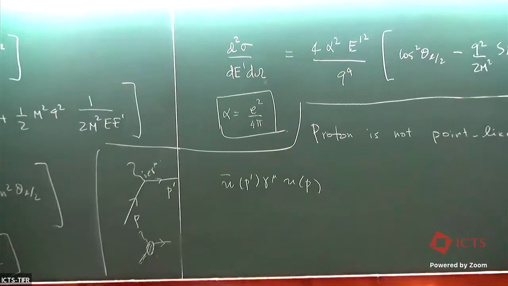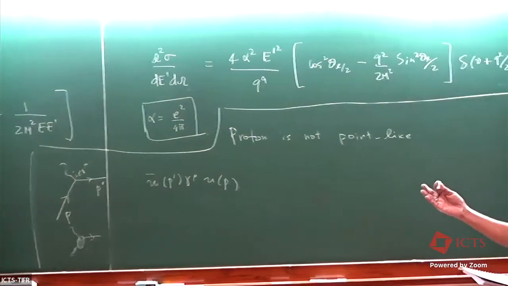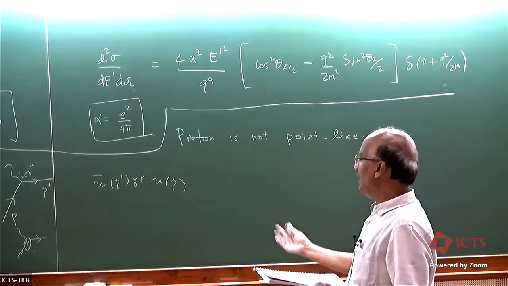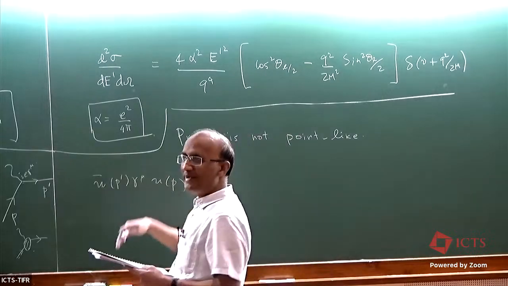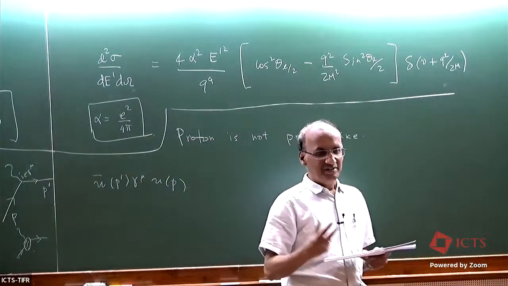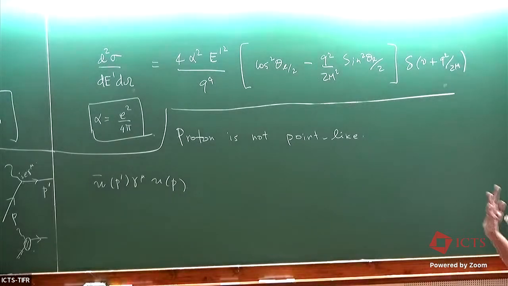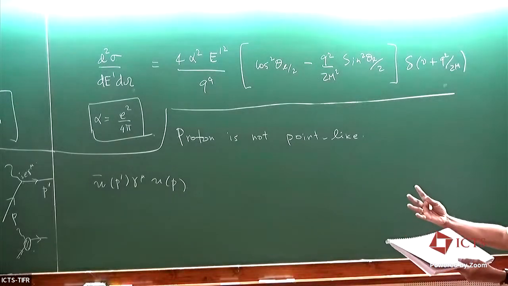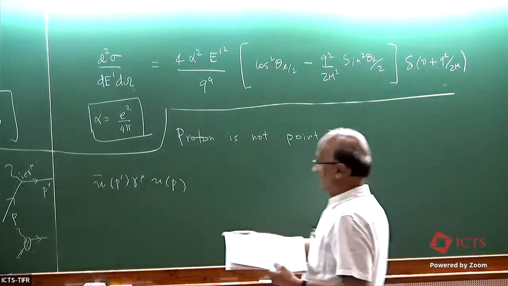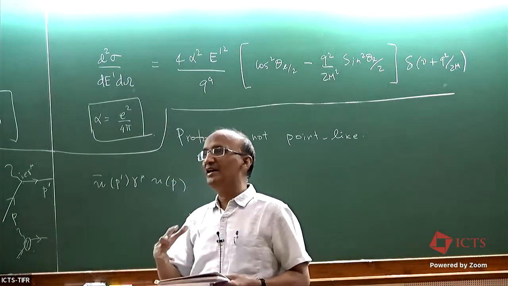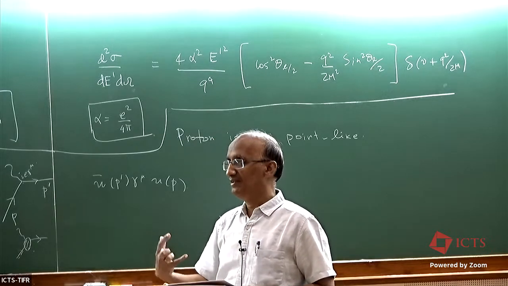In the limit that the proton is point-like, it will just go back to this expression. That's the whole idea. So how do I write down the most general current responsible for this interaction, hiding all the ignorance in it?